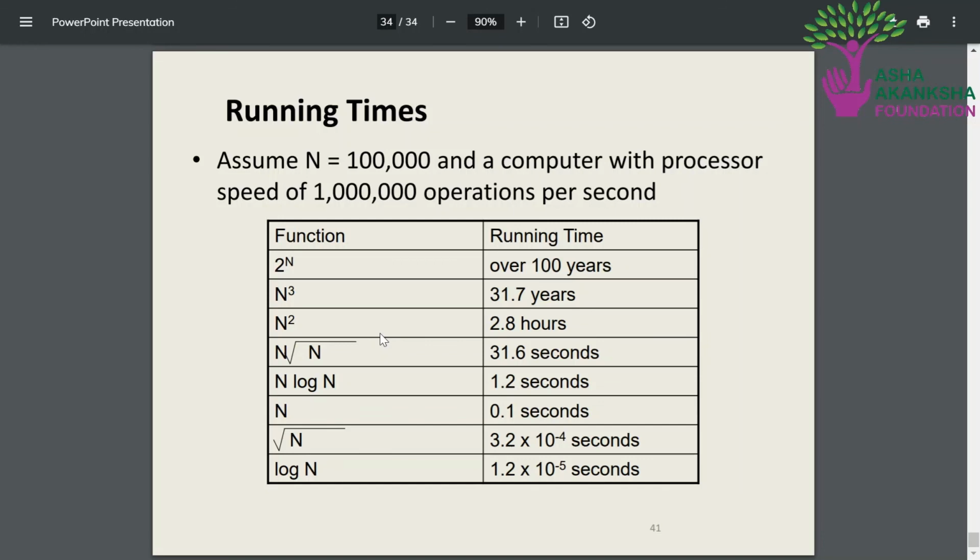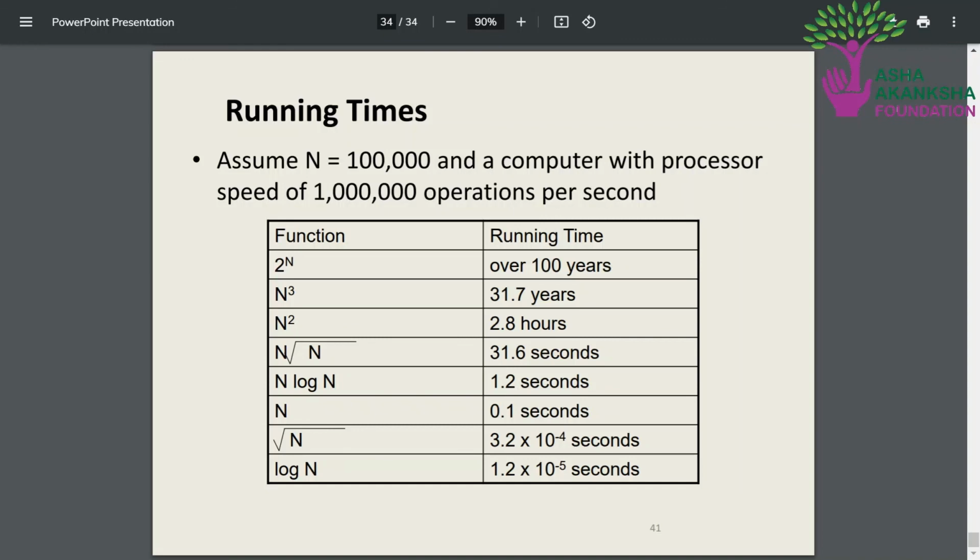I will give you a very good example of how great an impact a linear algorithm can have compared to a quadratic algorithm, which is n square. The runtime of a quadratic, order of n square algorithm is 2.8 hours.